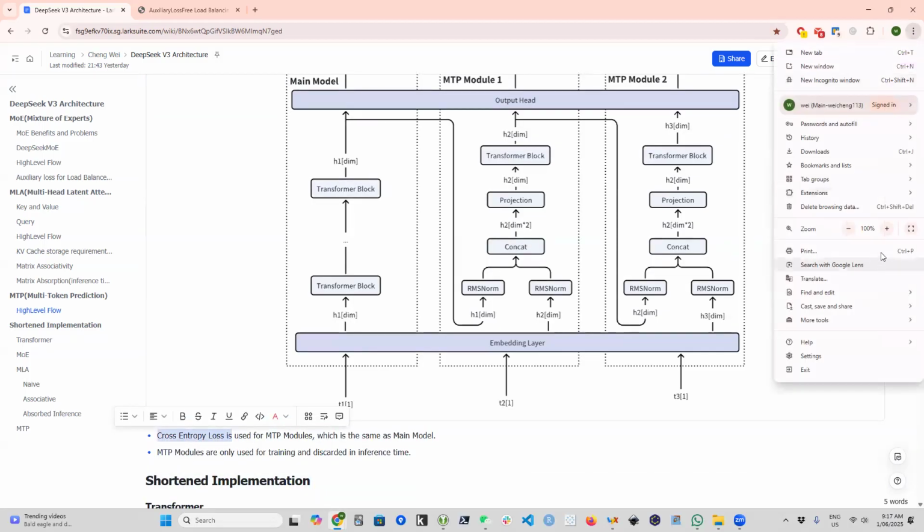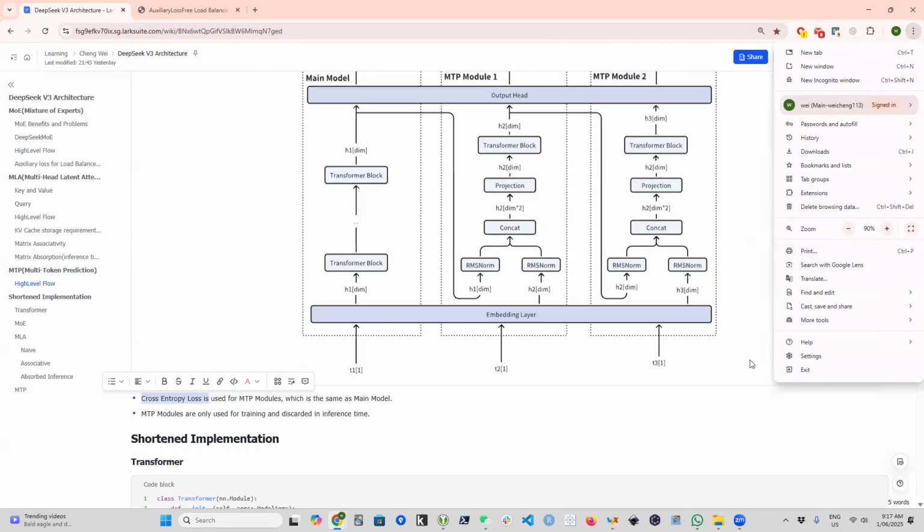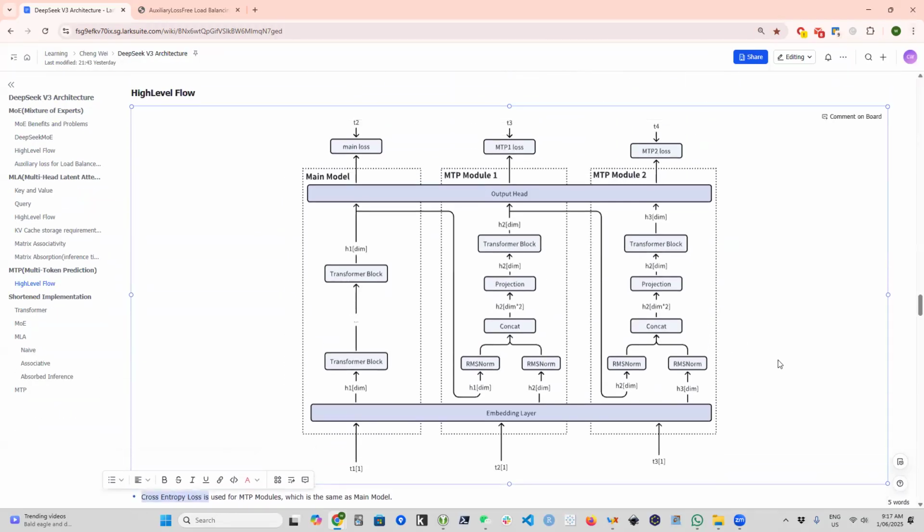Let me make it a little bit smaller. Let's say we are doing this sentence at the moment. So token one is cross. Cross comes in, and this is the hidden state for cross. The hidden state comes out here into the multi-token prediction module.